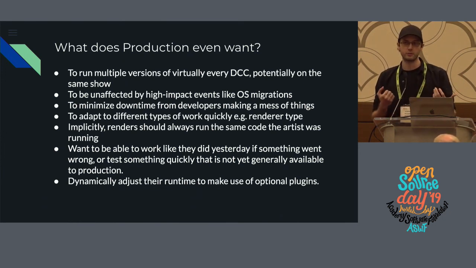And of course, production wants to be able to have low impact events whenever things are screwed up. So being able to have an artist work as if it were yesterday before a pipeline screwed something up, that's a level of adaptation that we can present to the user in a way that actually functions and is completely dynamic to them.